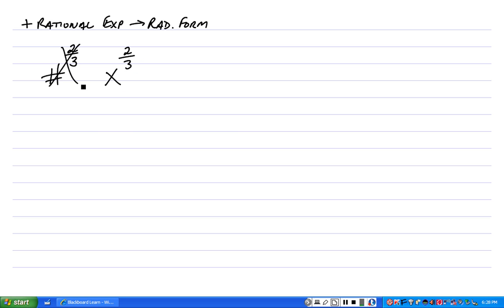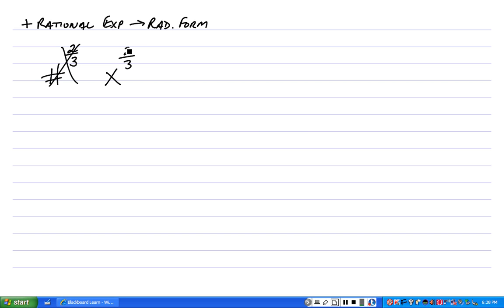When we talk about rational exponents, what we mean is an integer over another integer, a fraction that has an integer in the numerator and denominator. That's what we mean by a rational exponent.